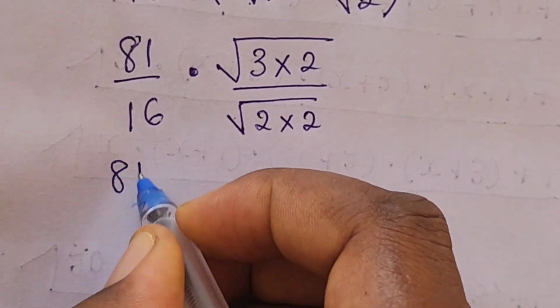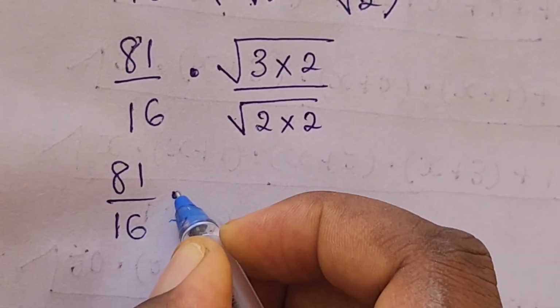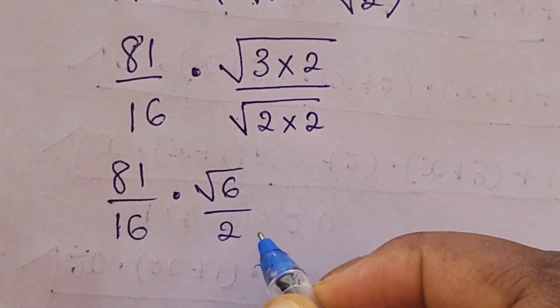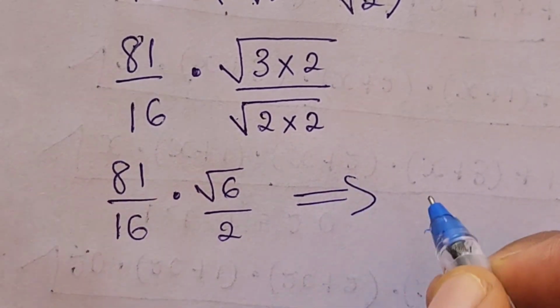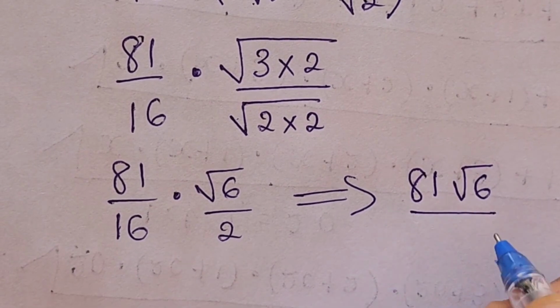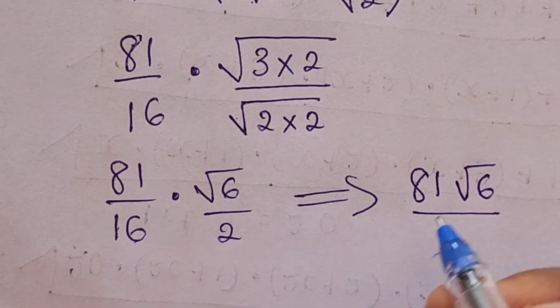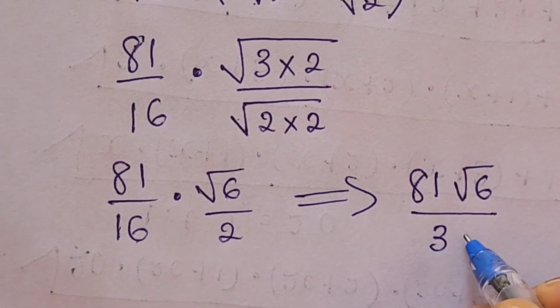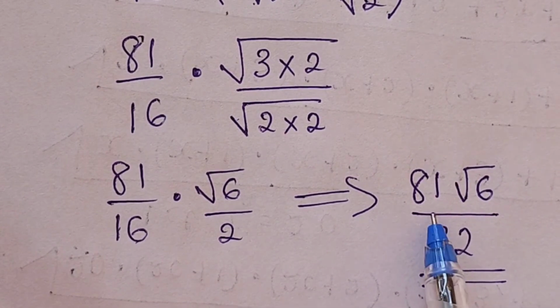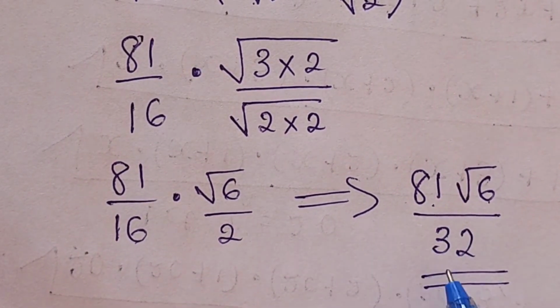So we have 81 over 16 times root 6 over 2, which implies we have 81 root 6 all over, we have 16 times 2, which is 32. So our answer is 81 root 6 over 32.